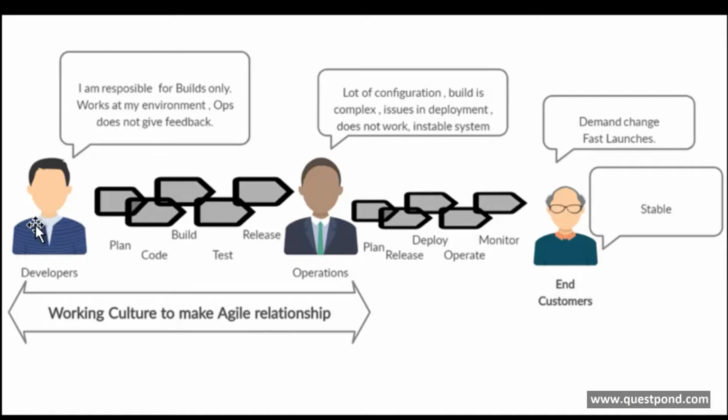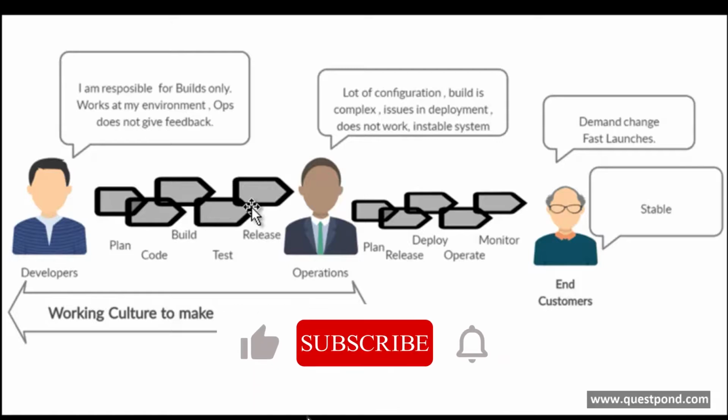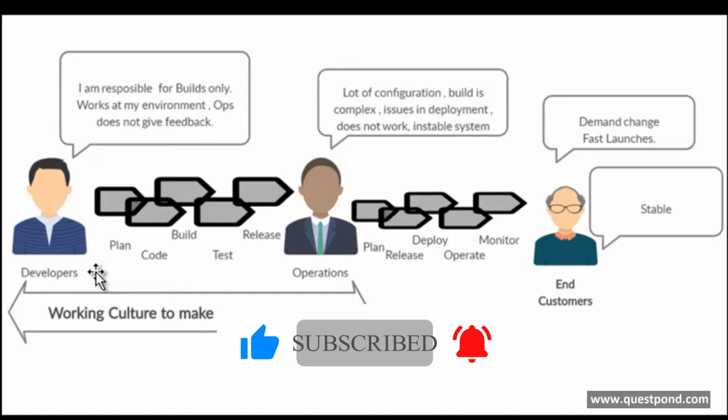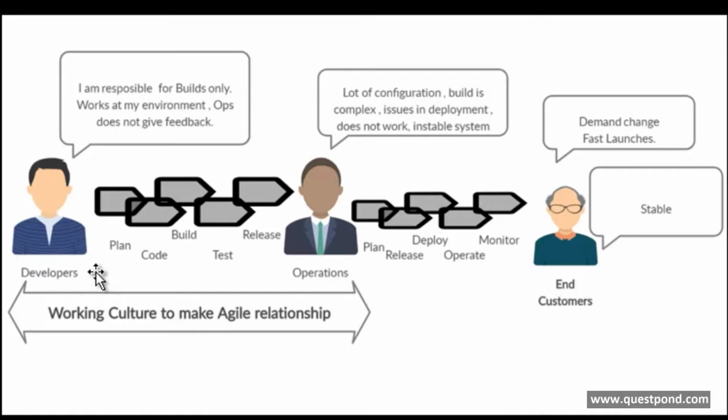At the other end, we have our developers, who try to deliver the software. They plan, they code, they build, they test, they do a release and so on. Normally in an enterprise level software, where you have a lot of installations and configuration and the software is complex, you also have an operations team who takes care of it.